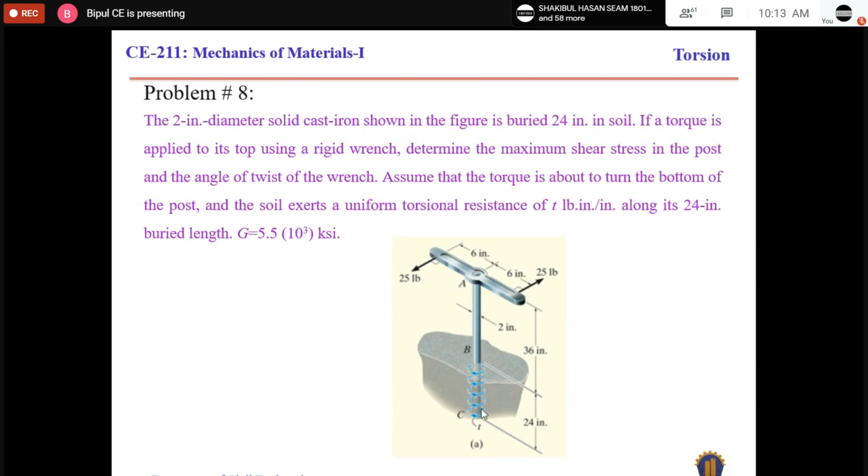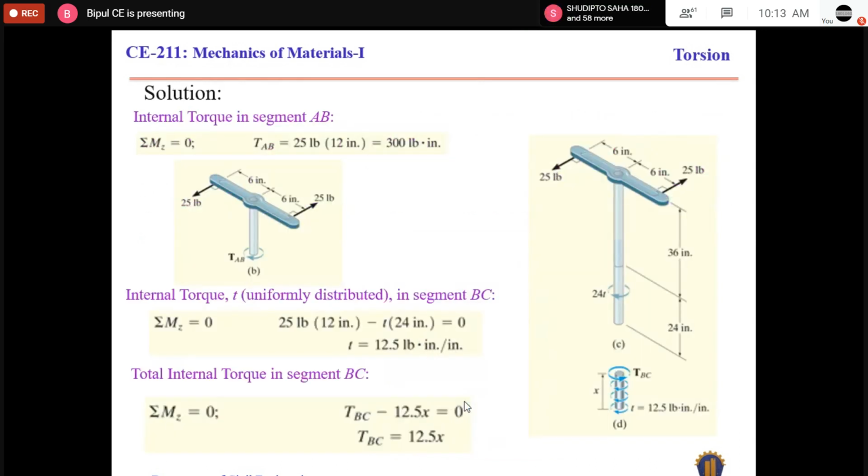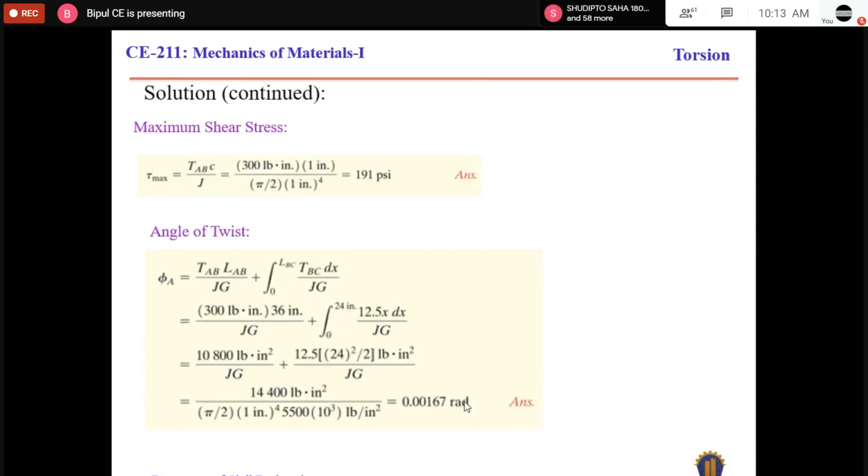But in this other segment, the torque is varying. So for segment A to B, the angle of twist will be this one: the internal torque in segment A to B times the length of the segment, divided by J G.